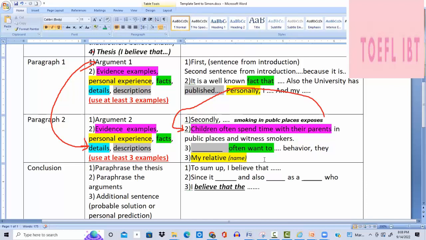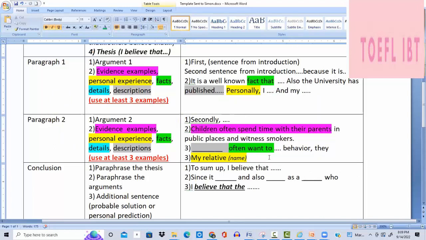Okay. My cousin, Bob, started smoking at 9 years of age. Okay, so there's my cousin Bob. It did something.